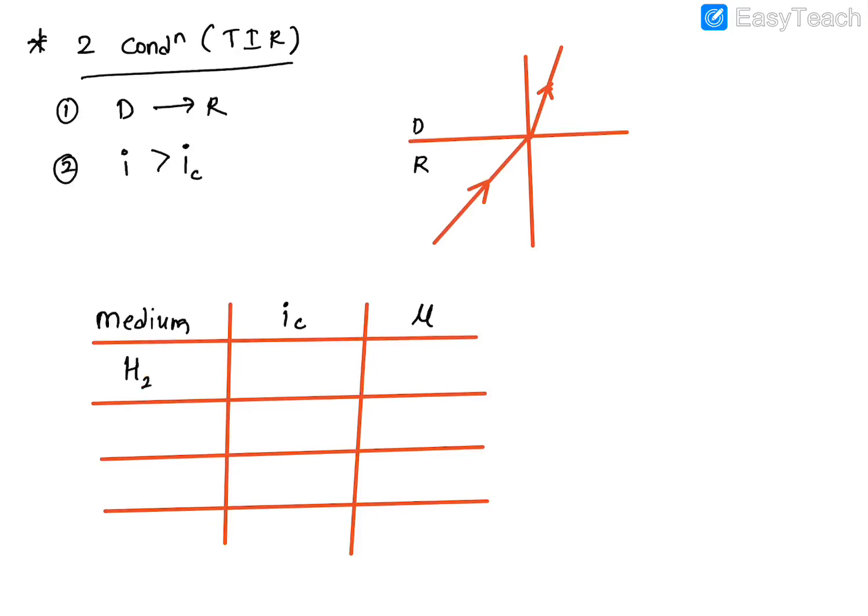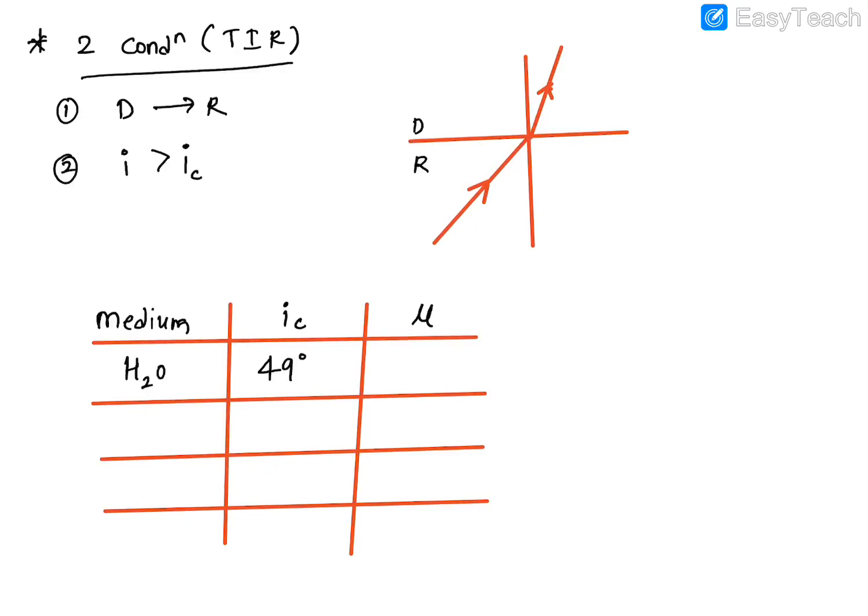For water, the critical angle is approximately 49 degrees. It is not exactly 49 degrees, it is 48 degrees and a few more minutes, 45 minutes, which is rounded off to 49 degrees. In exams, they may give you 48 or 49. Whatever data they have given you, you solve it accordingly. If they haven't given it, then you assume it to be 49 degrees.